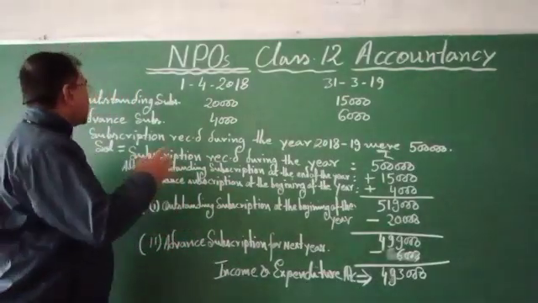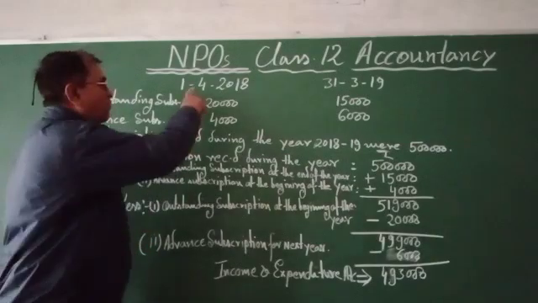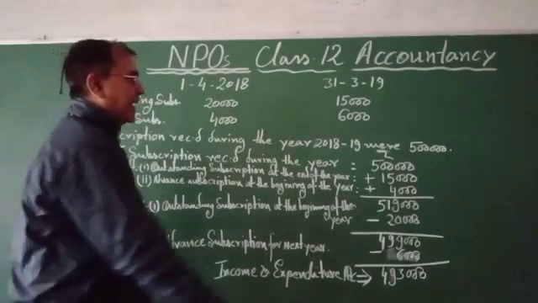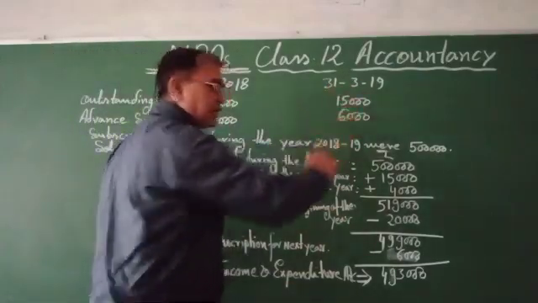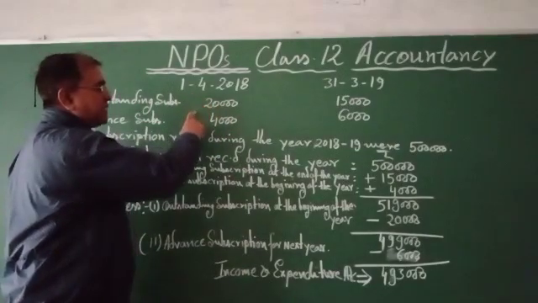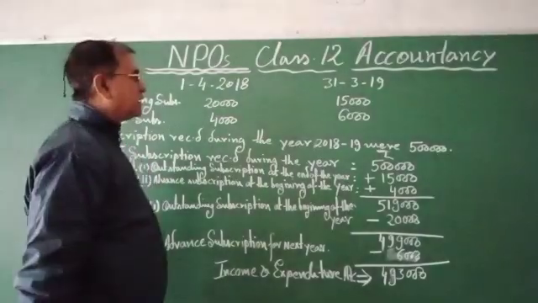So you can see, outstanding subscriptions information is given at the beginning of the year and at the end of the year. At the beginning of the year, outstanding subscription is 20,000.